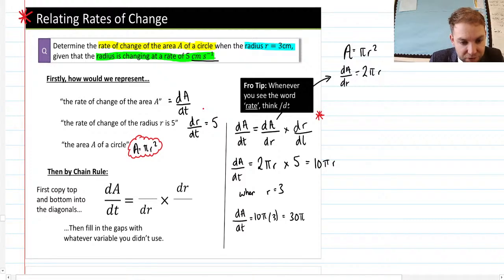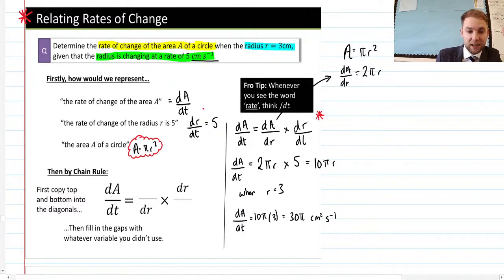Units on this, well, it's the rate of change in the area, so that's going to be centimeters squared per second. So that's a new type of question, that. And you've got to understand what all of these parts are asking you. Do you understand what the rate of change of the area is? Do you understand what the formula for area is?